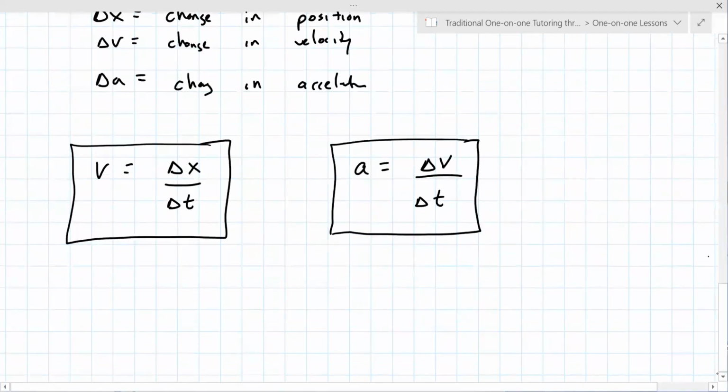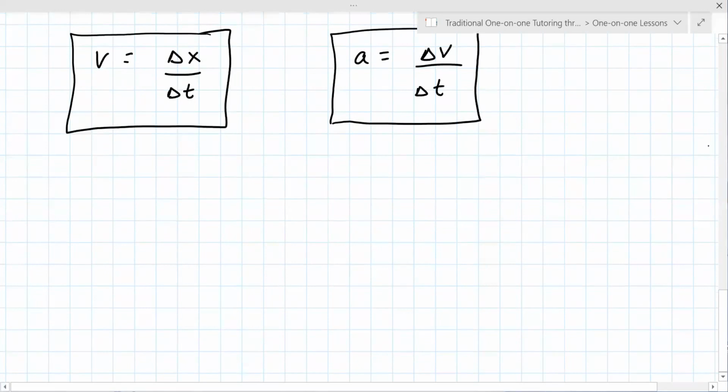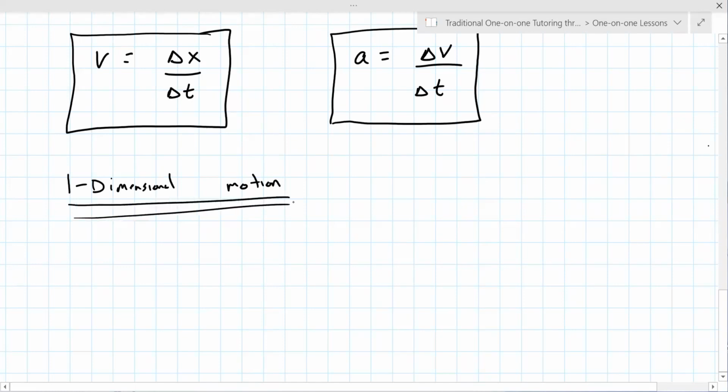Okay. All right, so this is where we really need some problems, but we can make some up here. So let's start out with one-dimensional motion. Okay, so a problem could be something like this.